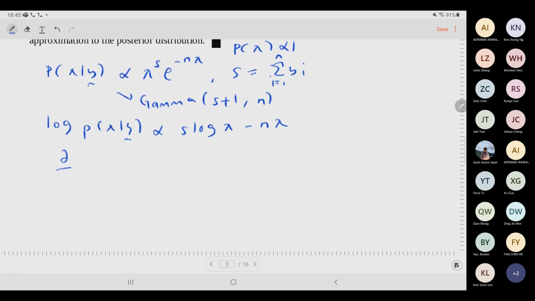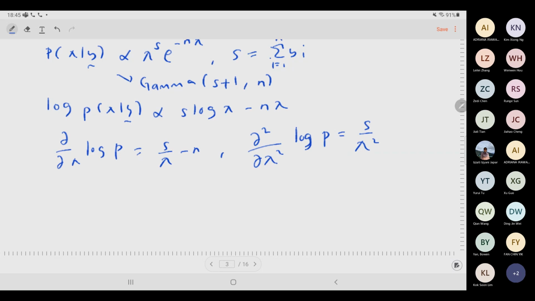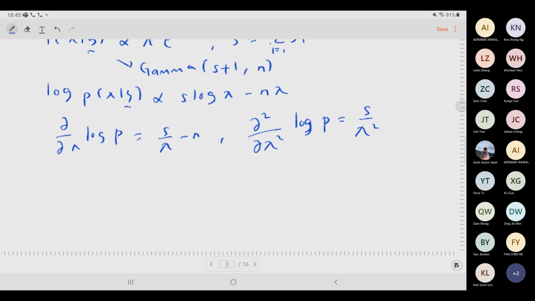So you have to differentiate the log posterior again, differentiating twice. And your observed information is actually S over lambda squared.